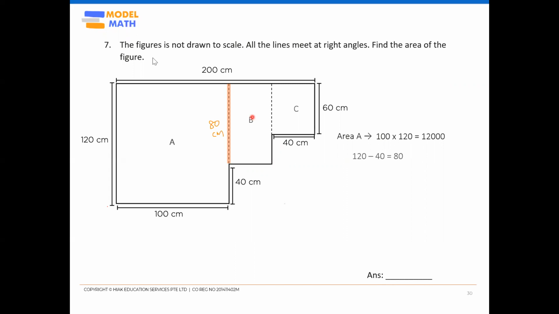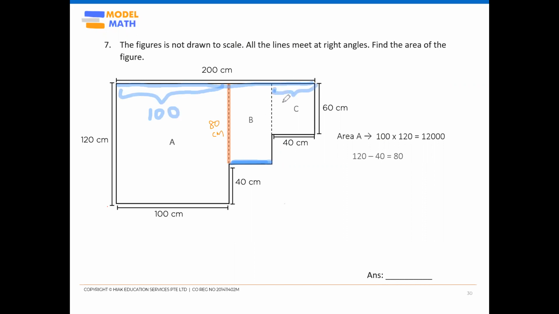I'm going to use a blue highlighter. To find this, notice that this blue part is actually part of this huge 200 cm. Within this 200, you know that this part is 100, correct?